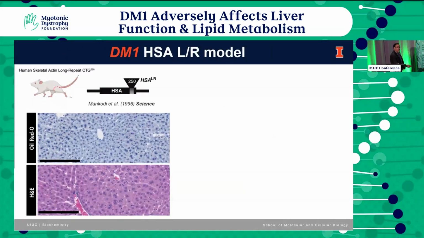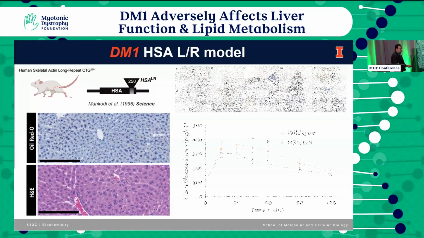So to test whether DM1 liver phenotypes were secondary to skeletal muscle pathology, we started by studying the livers of HSA-LR mice that express 250 CTG repeats specifically in muscle tissues. But we did not see any evidence of hepatocellular injury or any fat accumulation in the livers of HSA-LR mice.